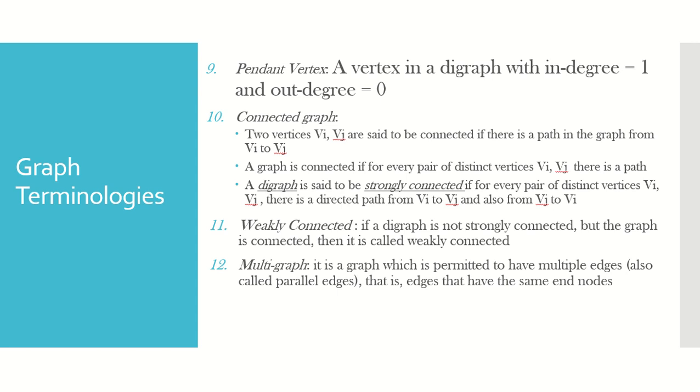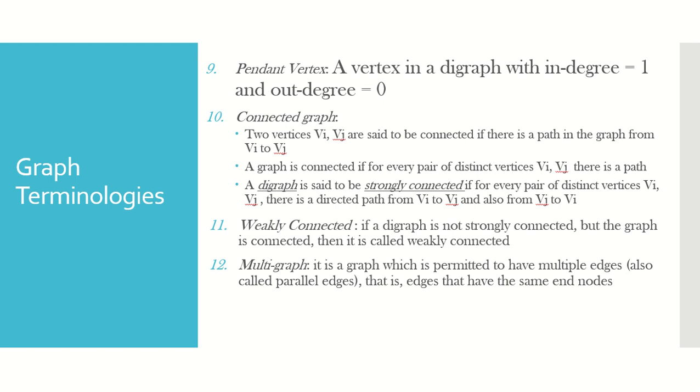Next is connected graph. So you have complete graph, you have connected graph. Please don't confuse them with each other. A complete graph is a graph where you can find individual edges from a given node to all the other nodes of the graph. That is complete graph. But when you talk about a connected graph, first you have to say two vertices Vi and Vj are said to be connected, not adjacent.